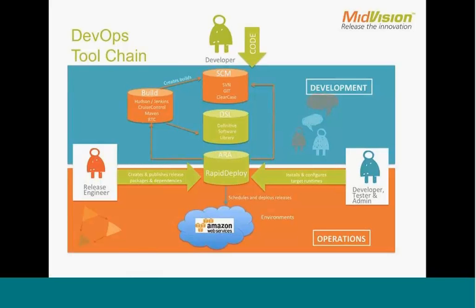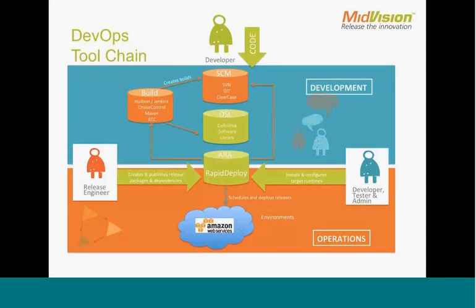So here you can see how developers and the operations team can effectively collaborate with RapidDeploy, because these two teams often have conflicts: developers are making innovation, making new features in the code, and the operations team is responsible for the stability of the environment. So these two roles often conflict.